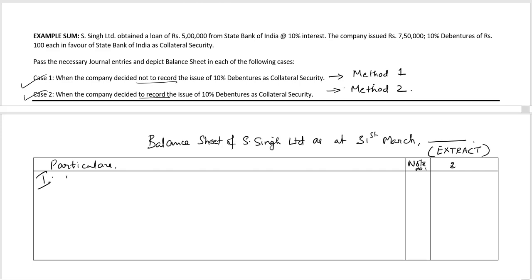Roman number 1 is equity and liabilities. Under that 1, we will straight away go to non-current liabilities.